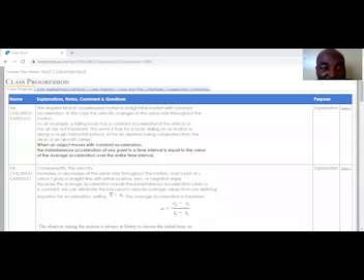So the best motion becomes motion with constant acceleration, because in that case, when the acceleration is constant, the average acceleration and the instantaneous acceleration have the same value.